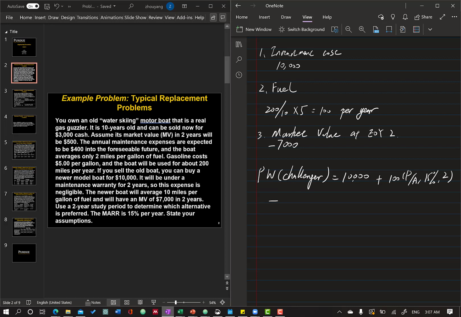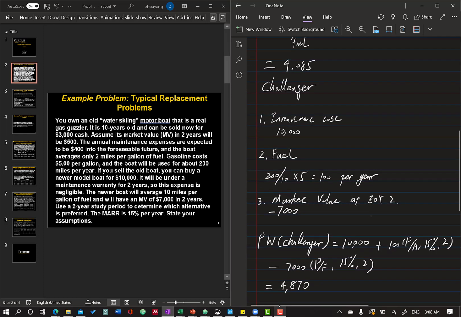And then the market value part, which will be 7,000 at the end of year 2. So given the future value, find the present worth at 15% for 2 years. And then this equals 4,870.